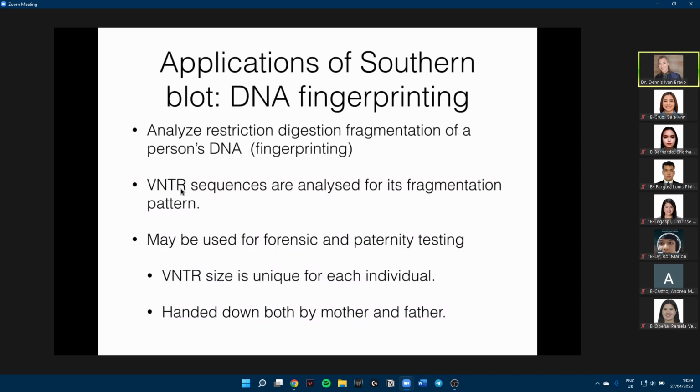These are the non-coding regions in our DNA. Fingerprinting can be used for forensic and can also be used to determine your lineage. Why? The VNTR is unique for each individual, so it can be used for forensic, and it's handed down both by your mother and father, so it can be used for determining your lineage.